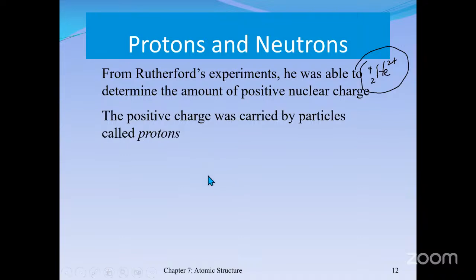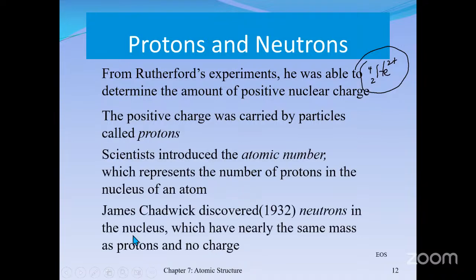And a guy by the name of Chadwick, oh, by the way, the atomic number, that definition arose from the fact that we now know the number of protons, right? The number of protons would be the atomic number. Chadwick, who, by the way, was a student of Rutherford, discovered the neutrons. I won't go into the experiment that he conducted to discover that, right?